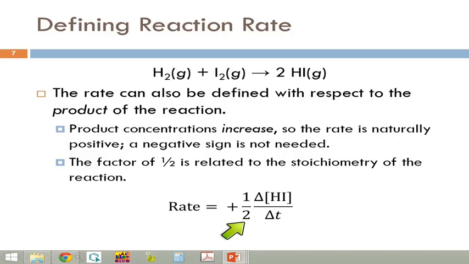Now, what's different here is there's this factor of 1/2, right? That is there because of this 2. The 1/2 relates to the stoichiometry of the reaction. And I'm going to get to that in just a minute. Any questions before I go to the next slide?